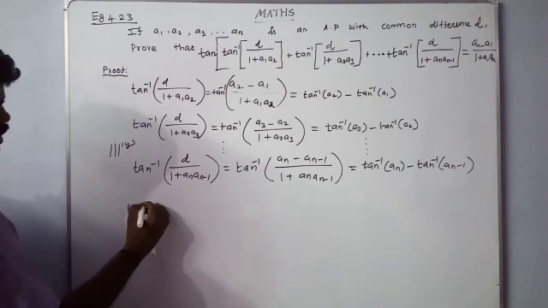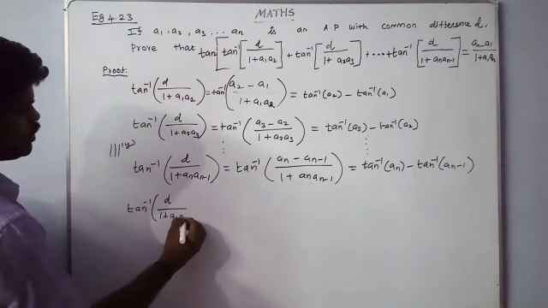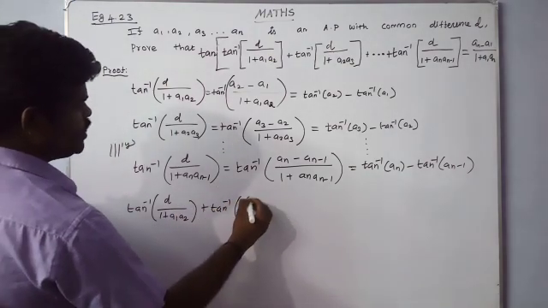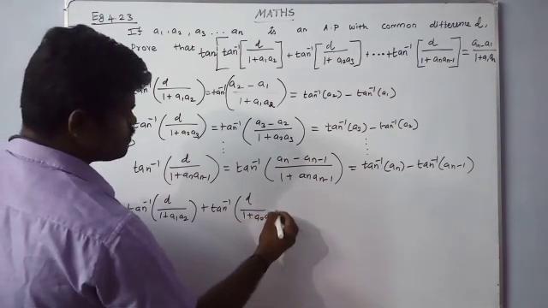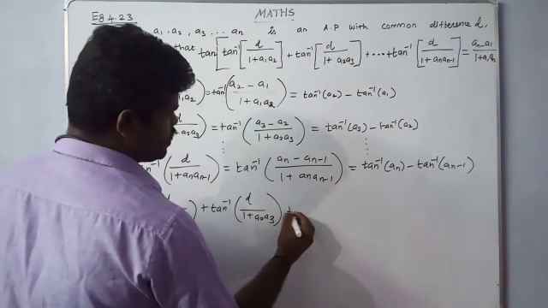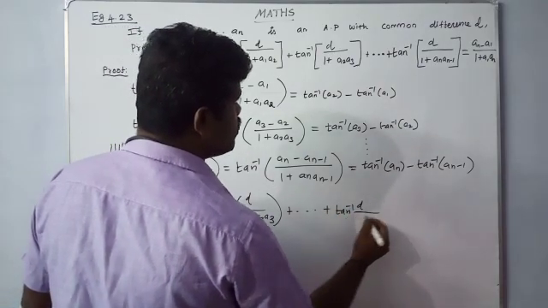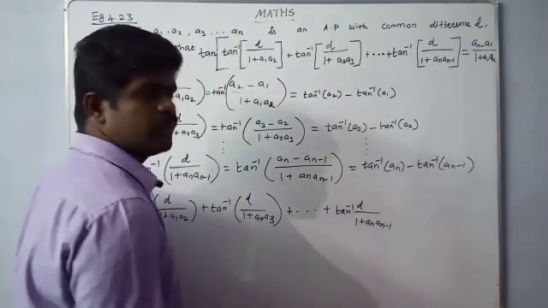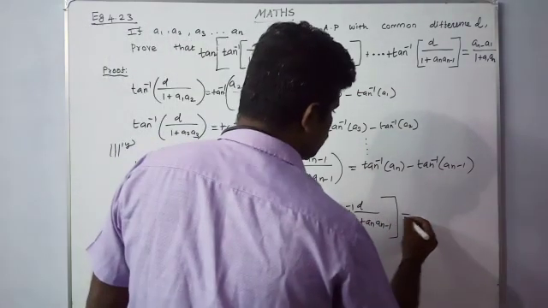Tan inverse of d by 1 plus a1 a2, plus tan inverse of d by 1 plus a2 a3, plus and so on, plus tan inverse of d by 1 plus a(n-1) an.